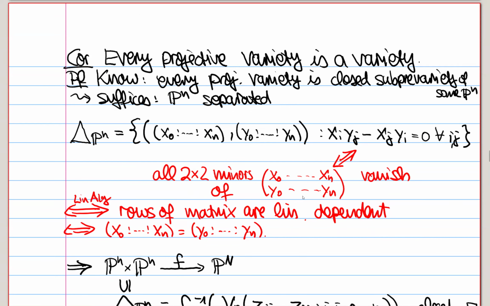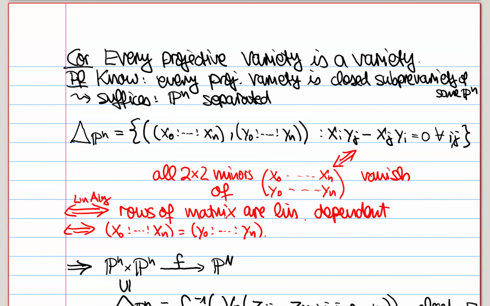And so these conditions are equivalent to the minors of this matrix vanishing. But then by linear algebra, the minors of the matrix vanishing means exactly that the rank of this matrix is at most 1.